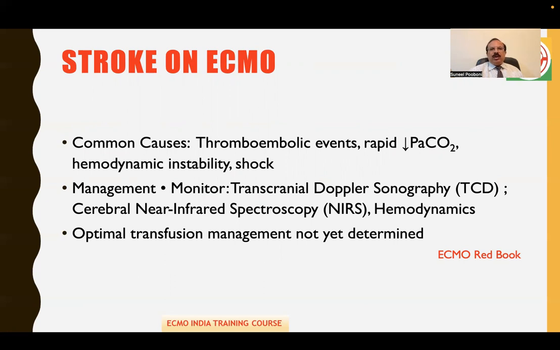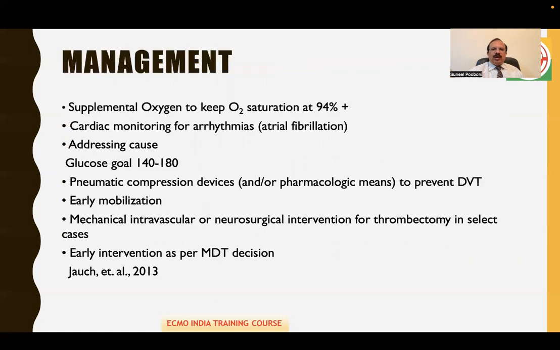The common causes could be thromboembolic events, rapid decrease in the PaCO2, hemodynamic instability or shock. Management is by monitoring with Doppler sonography, NIRS monitoring, or hemodynamics as well. Optimal management can be done these days with neuroradiologist intervention or neurosurgical intervention if there is any chance for them to intervene in those cases.